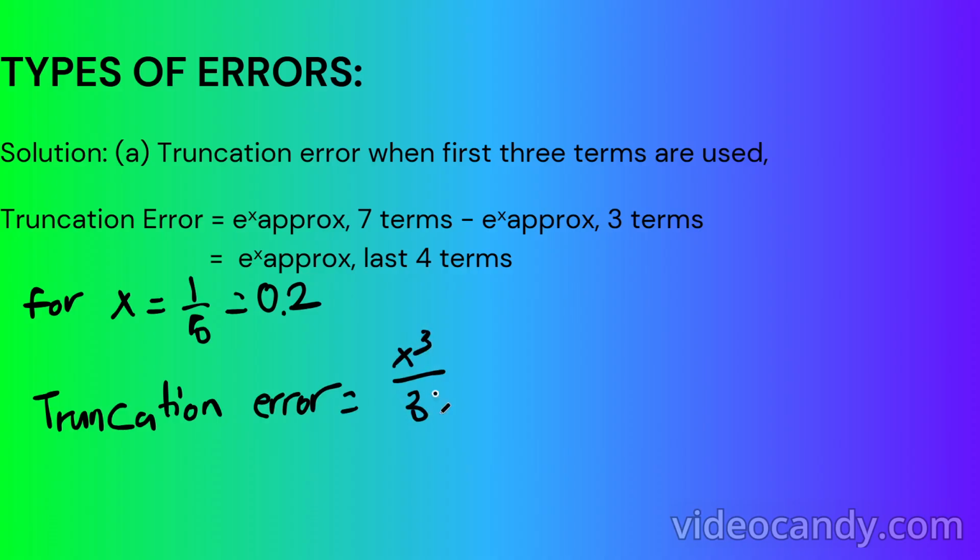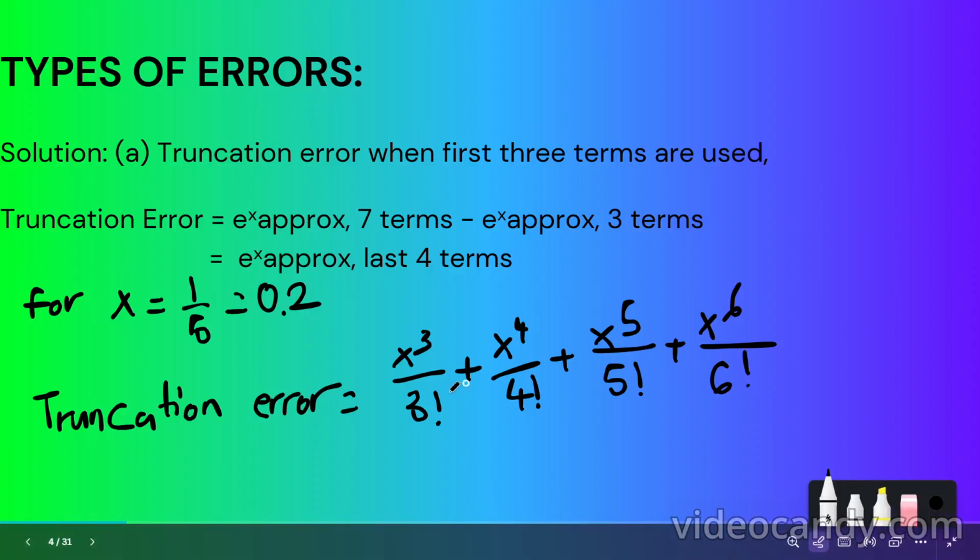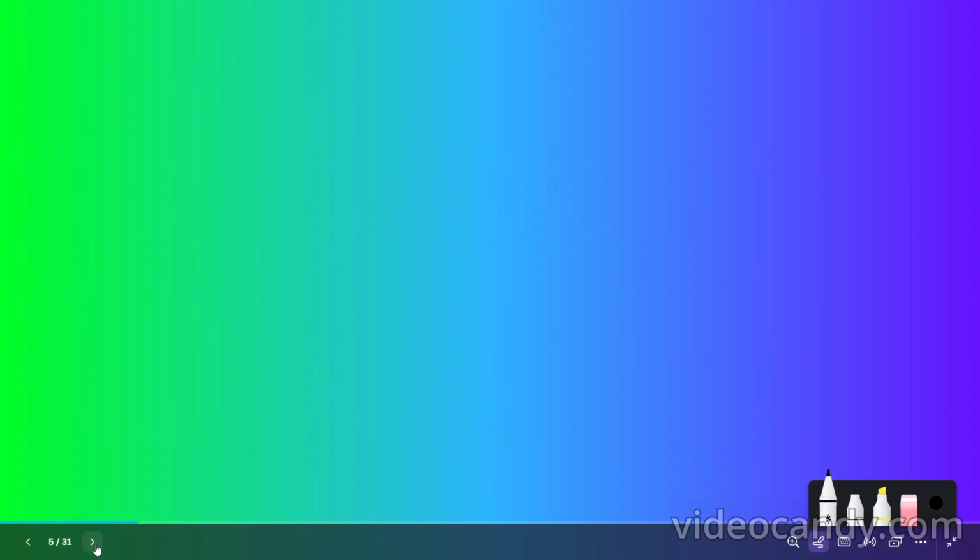So x^3/3!, plus x^4/4!, x^5/5!, and x^6/6!. These are the last 4 terms.